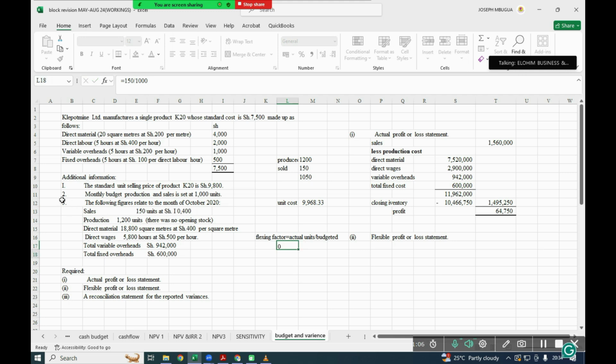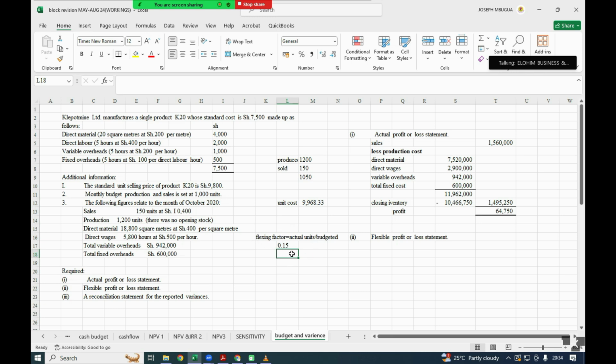The budgeted was 1,000, and it will give you 0.15 as our flexing factor. So where shall we use this 0.15? If you are to use this format of going through the flexing factor, you will first need to prepare the original.